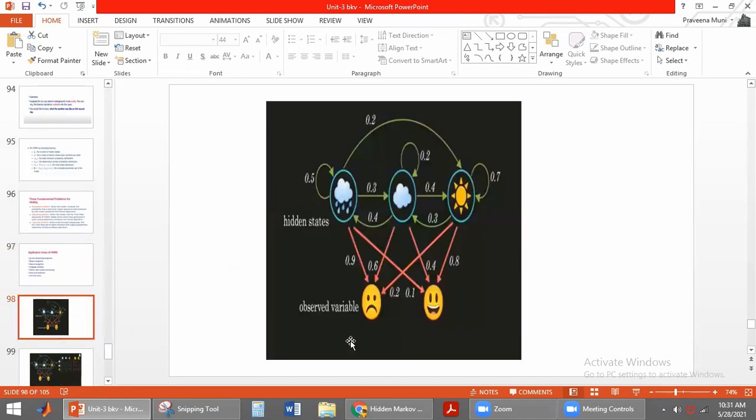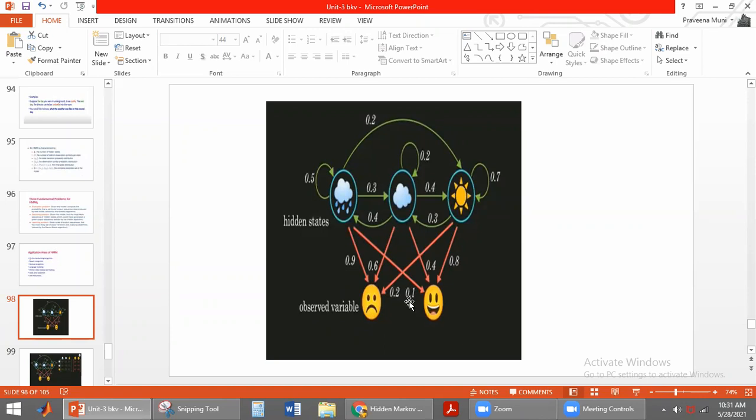I will show one more example, students. Here we have discussed that a hidden Markov model has hidden states and observed states. Based on the observed states, you need to predict the hidden states. We have only the observed states, and based on this we have to predict the weather. We don't know the weather. The particular person will be happy or unhappy based on the weather.